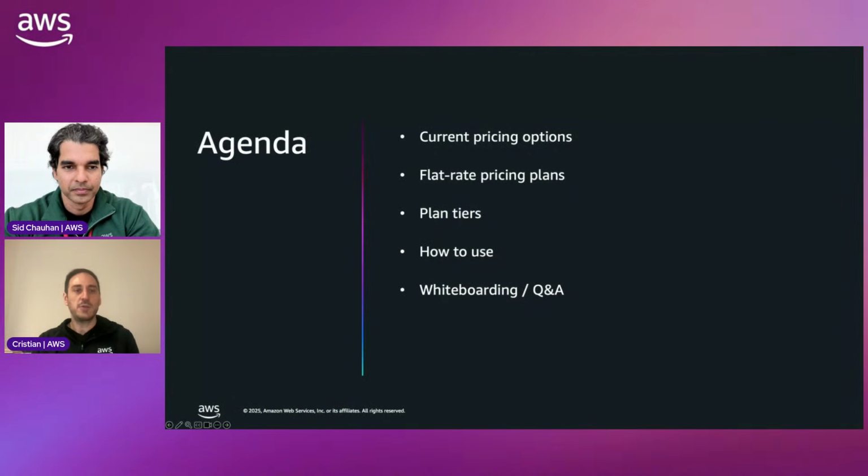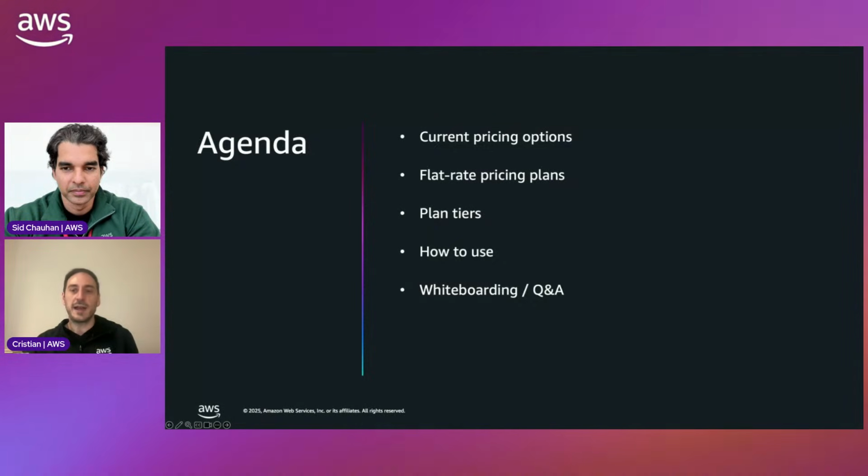So quick overview of what we'll be covering today. We're going to start with talking about the strengths and challenges of the current pricing model. Spoiler, we'll introduce and talk about flat rate pricing plans, which, as Sid mentioned, we launched back in November, a few months ago, and how these pricing plans solve some of the key challenges in the current pricing model.